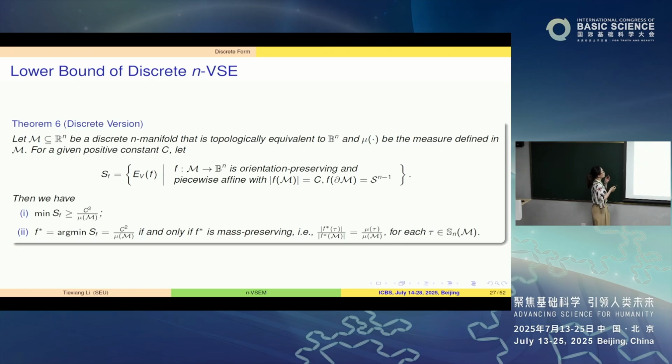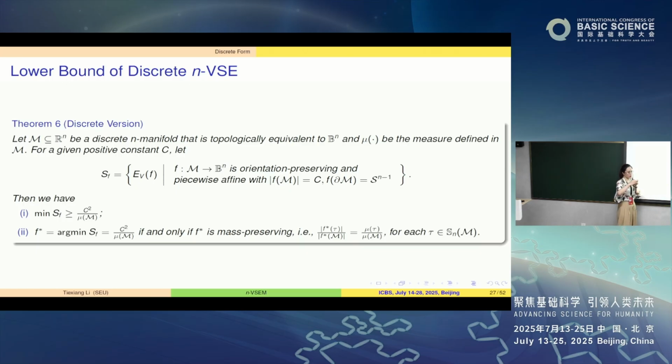For the lower bound, we have a similar result. For the discrete version, we consider the set S_F of the energy, and here we require F to be orientation preserving and piecewise linear, with this condition. Because we consider everything in the discrete form, the target domain is an n-dimensional ball.